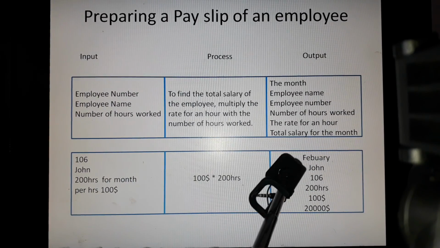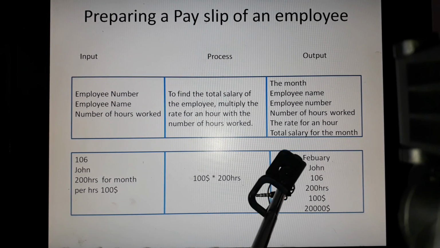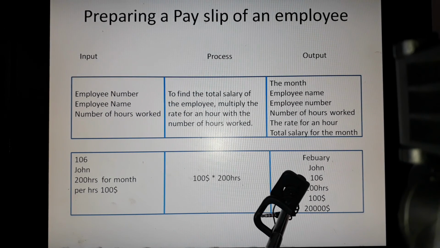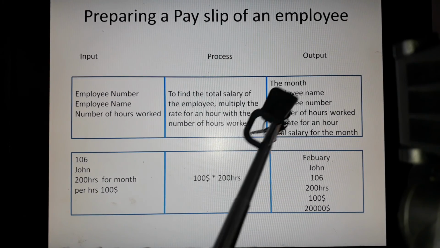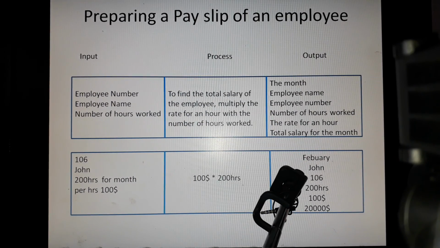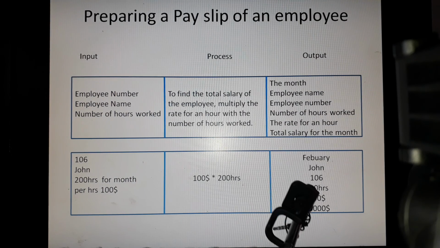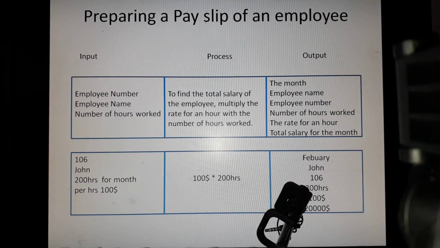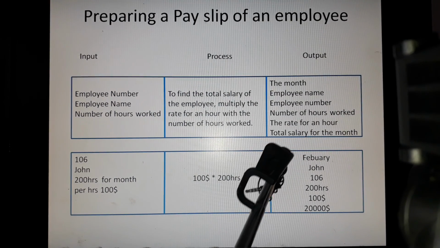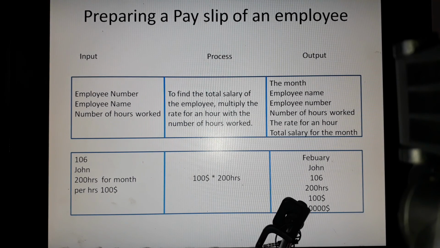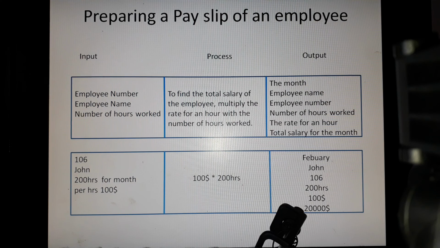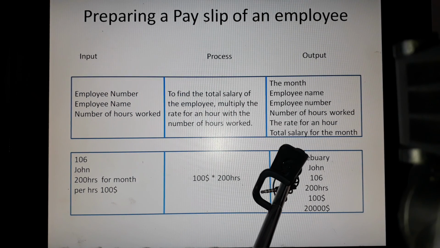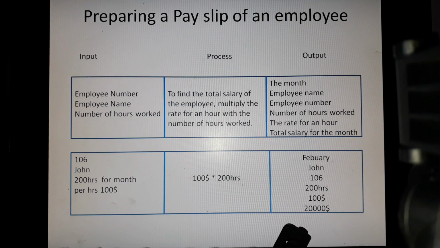Output: the month February, employee name John, employee number 106, number of hours worked 200 hours, the rate for an hour $100, total salary for the month $20,000.